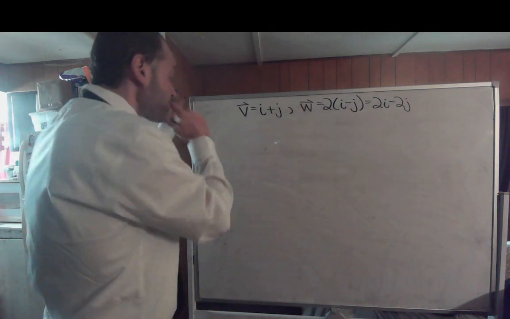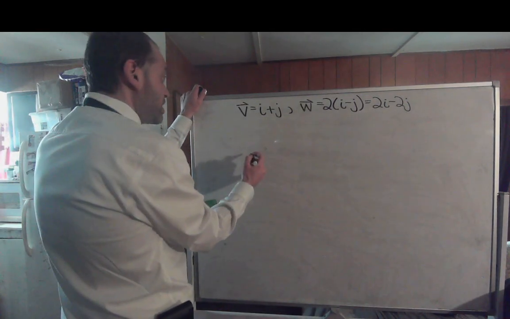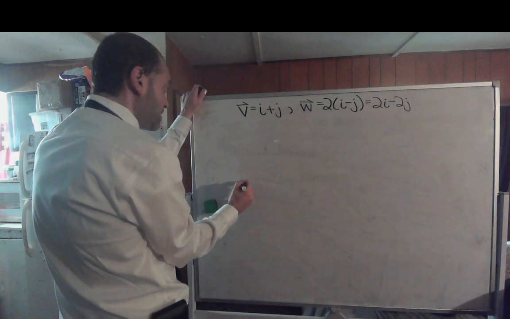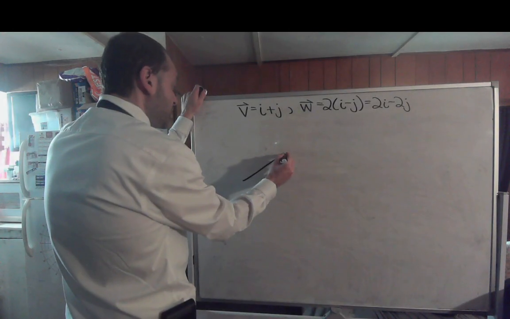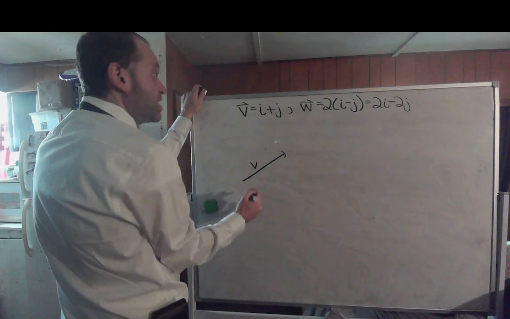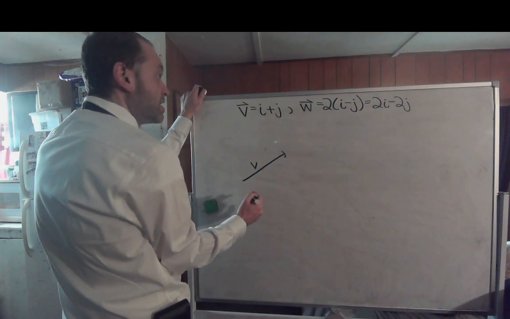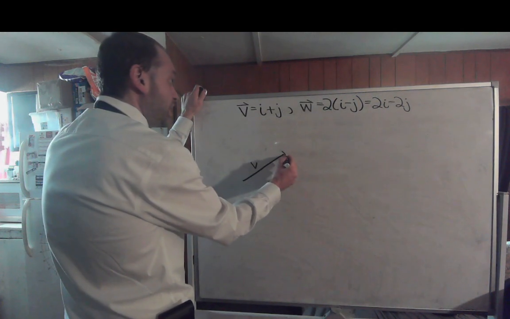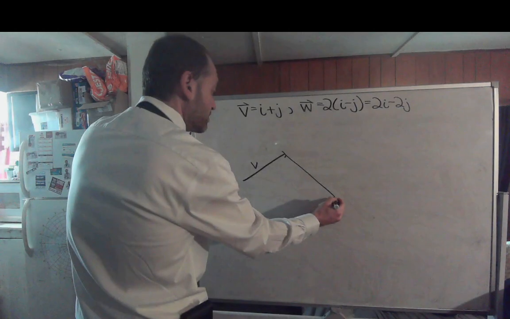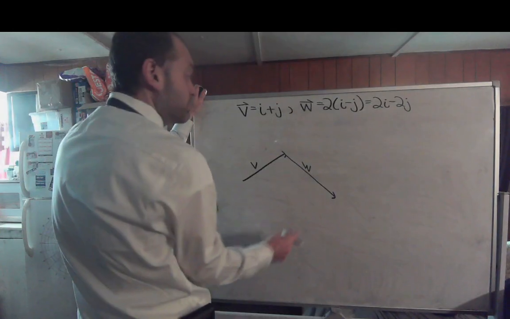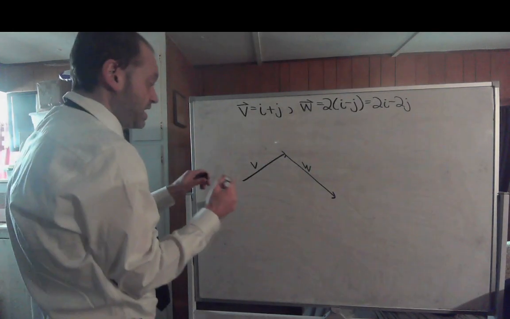So let's draw some vector v. There's vector v, right? i plus j. From here, that'll be your vector w when you add vector w to it, which is 2i minus 2j.